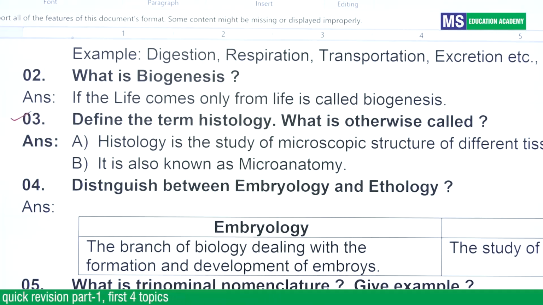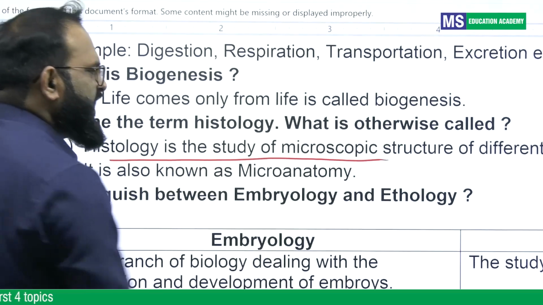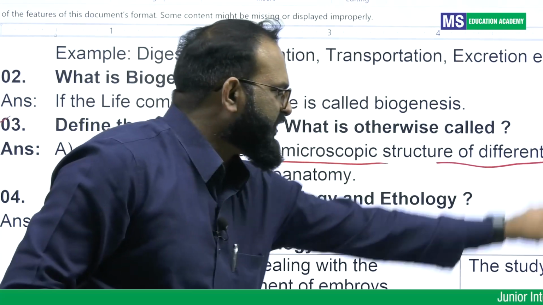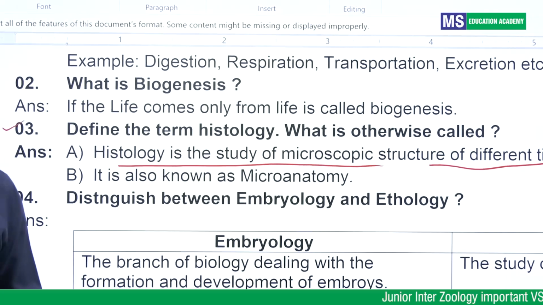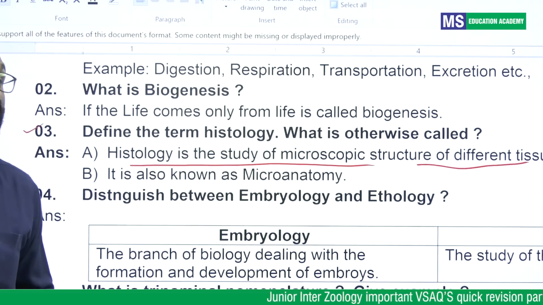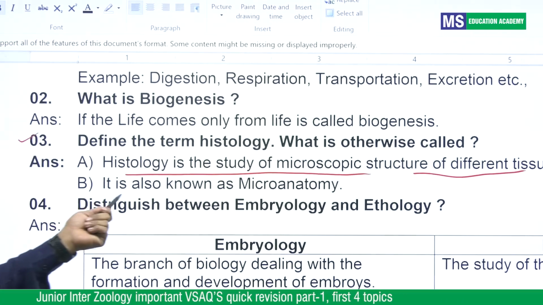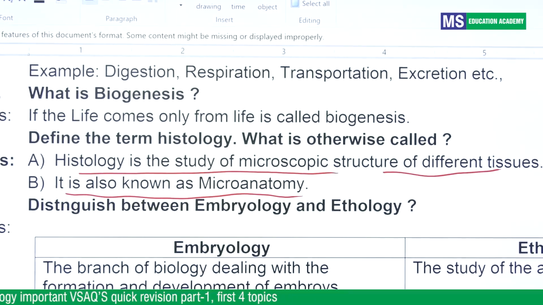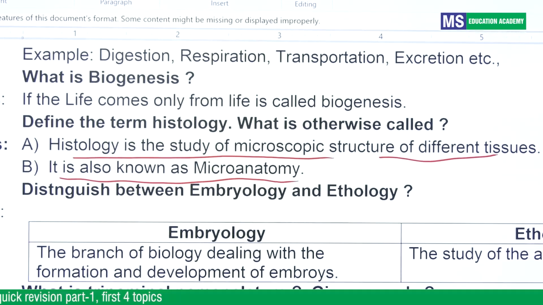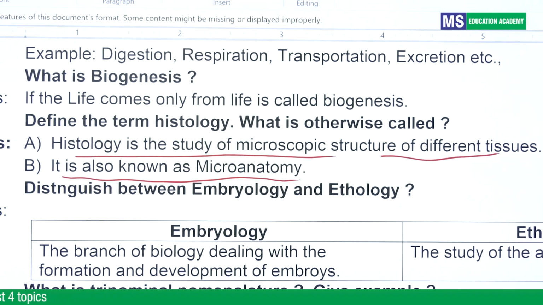Next question. Define the term histology. Histology is the study of microscopic structure of different tissues. When this question is given, don't forget to write the second statement. It is also known as microanatomy. Important line, students.